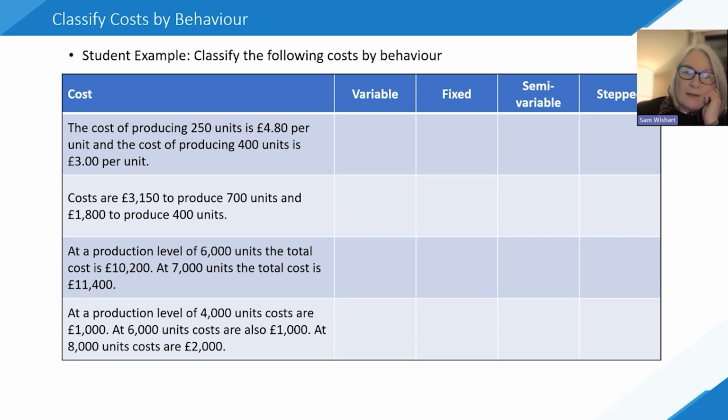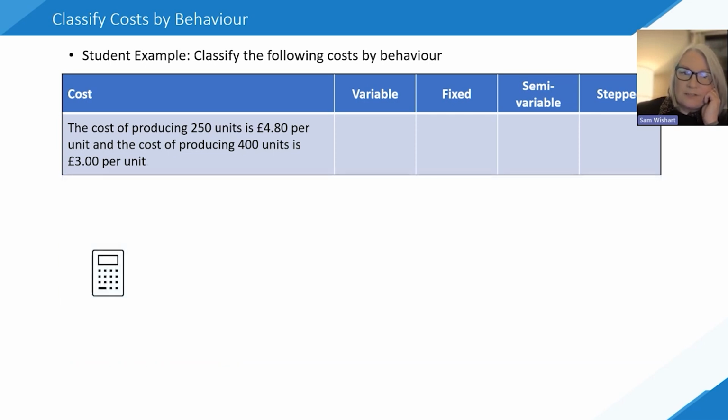Okay, so I'm going to pop this on a slightly bigger screen just to make it a bit easier for us. So if the cost of producing 250 units is £4.80 per unit, and the cost of producing 400 units is £3 per unit, what do we think that cost might be? Okay, we can see that cost per unit is going down, so it could potentially be a fixed cost, you're right.